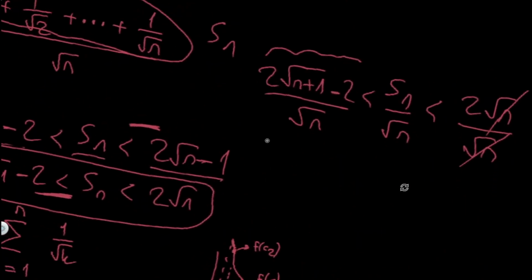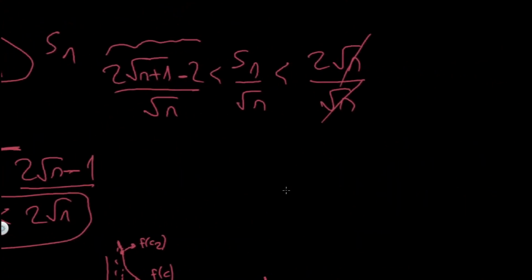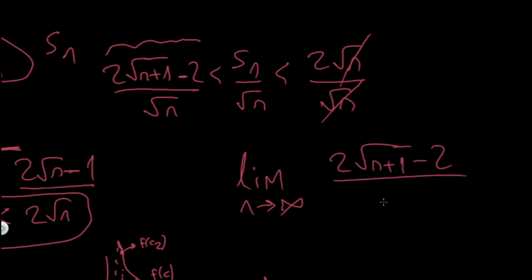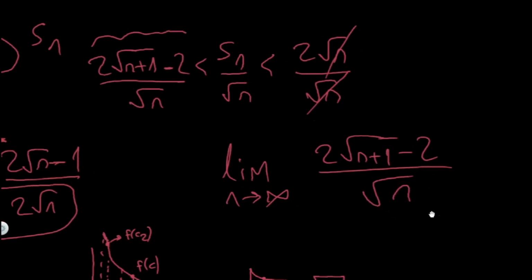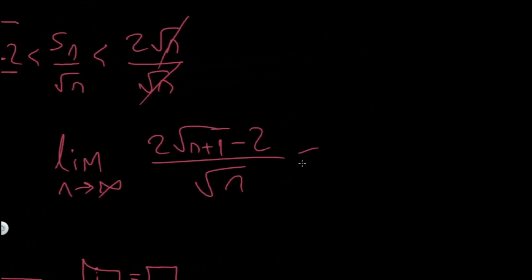Okay, so again, my limit: if I can show that the limit as n goes to infinity of 2 square root of n plus 1 minus 2, over square root of n, is equal to 2, I'm done. And it indeed is. Okay, so I can just separate this thing. I can write it as a limit of two pieces because I know both of these limits exist.